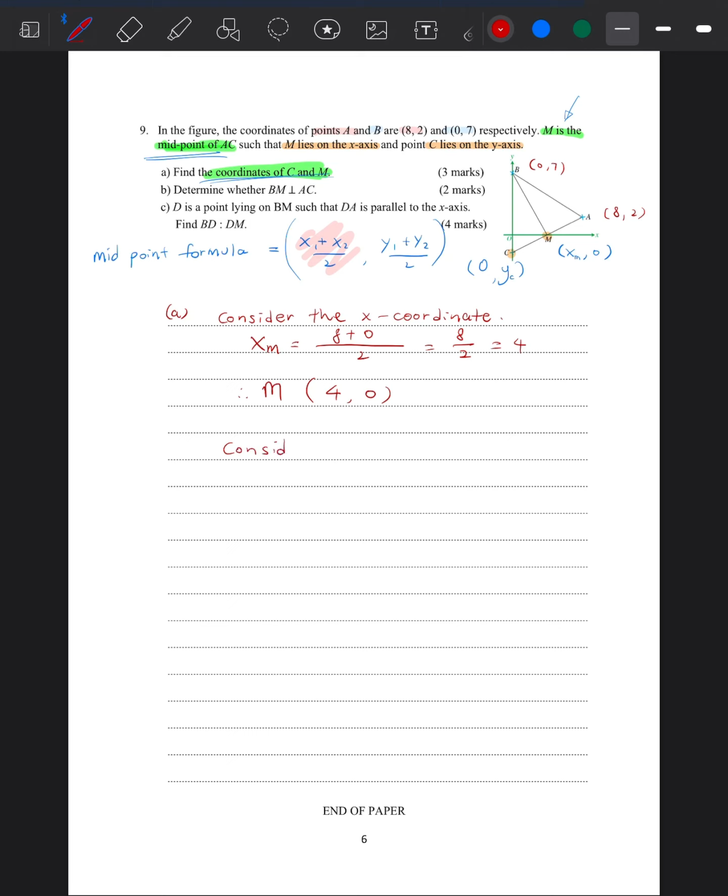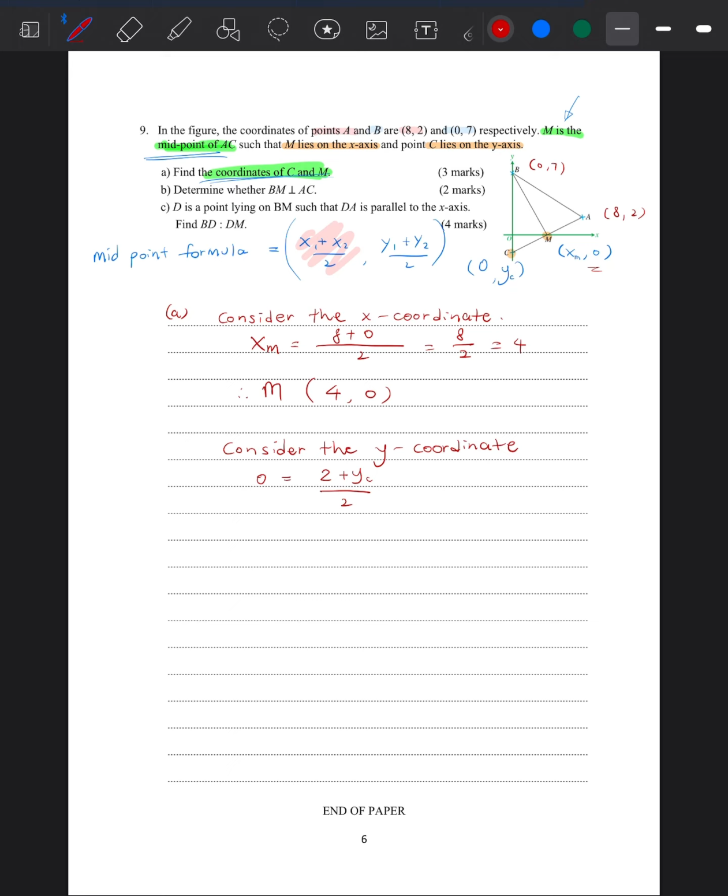And then after that, we consider the y-coordinate. So when we look at the y-coordinate, your M is the midpoint and the y-coordinate of M is 0. 0 is equal to 2 plus y divided by 2.